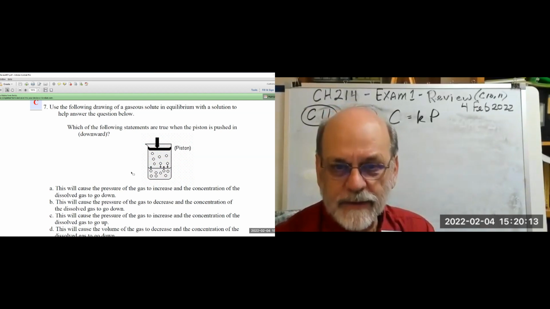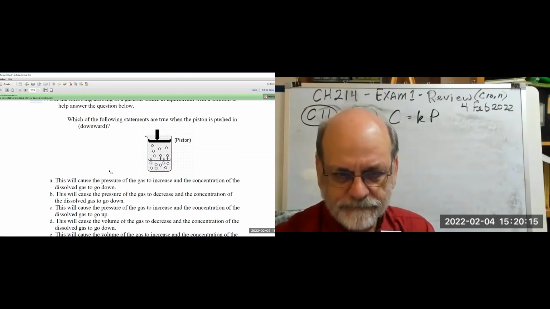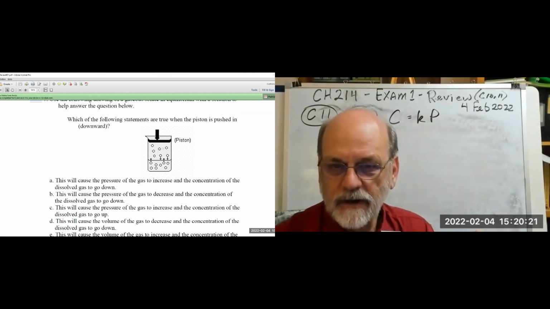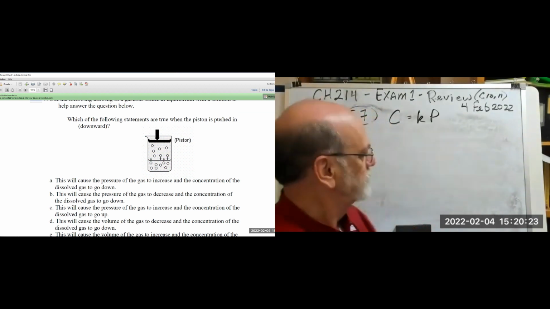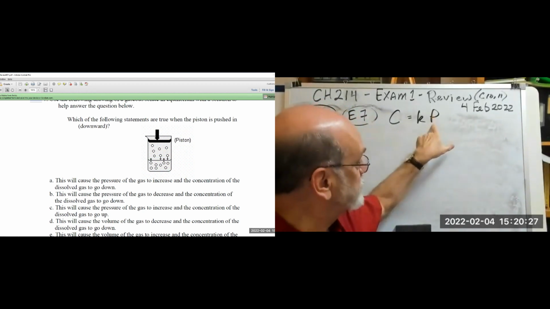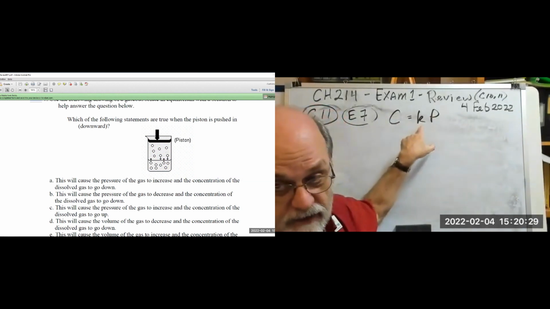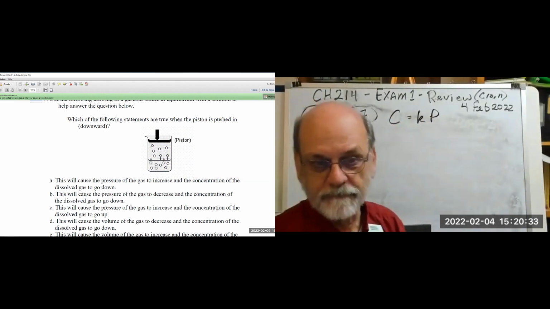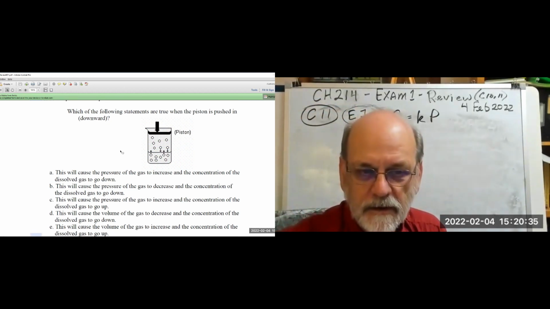So, which of the following statements is true? If we push the piston downward, that increases the pressure above the solution. These are directly proportional. As we increase this one, that's a constant. So if we increase this one, that one increases.